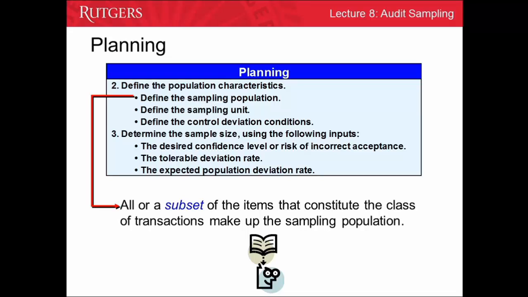If the auditor uses the population of sales invoices as the sampling population, he or she is not likely to detect goods shipped but not billed, because the population of sales invoices includes only sales that were billed. In this example, the correct sampling population for testing the completeness assertion would be the population of all shipped goods, as documented by shipping records such as bills of lading.